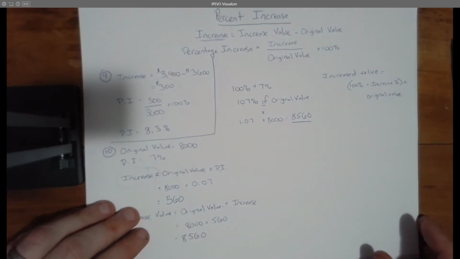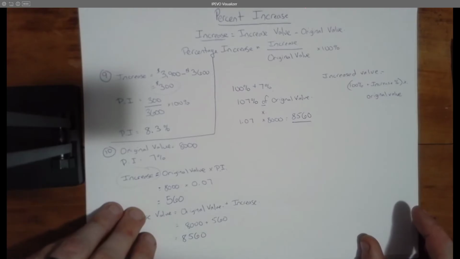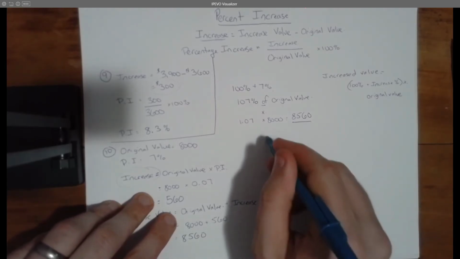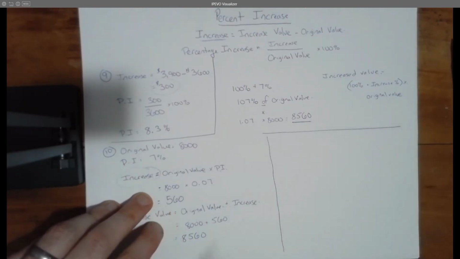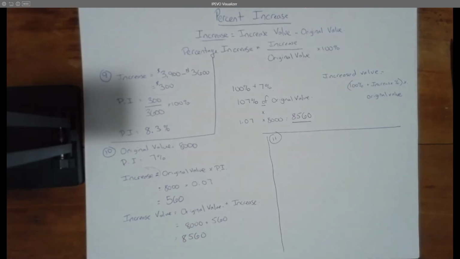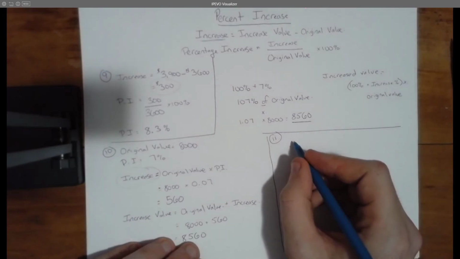Let's take a look at one last example here to see if we can better understand how we can deal with these percent increases. If you're following along, the final one that we're going to take a look at is example number 11. Example number 11 says the height of a plant at the end of a month is 26 inches.